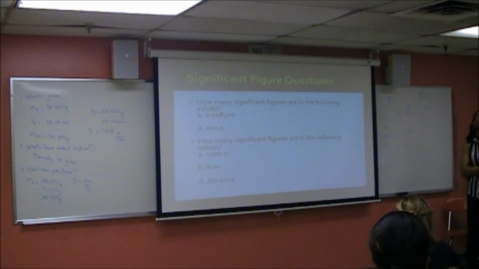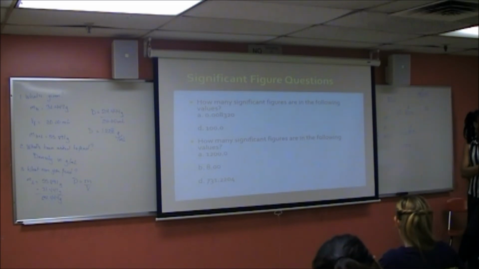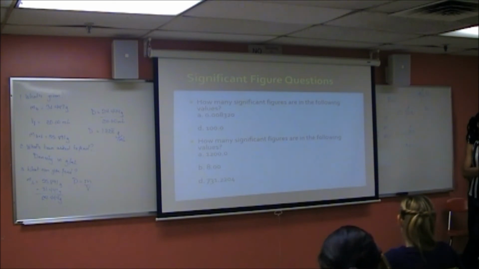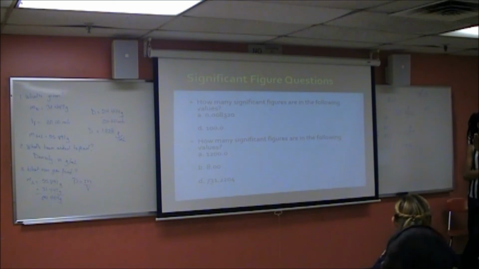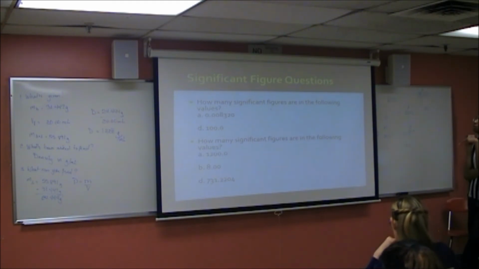So what's the rule for trailing zeros? Sometimes they're significant. When is it significant? If you have a decimal point in your number, your trailing zeros are significant. Do you have a decimal over there? Yeah. So how many significant figures do we have? 4. Good.